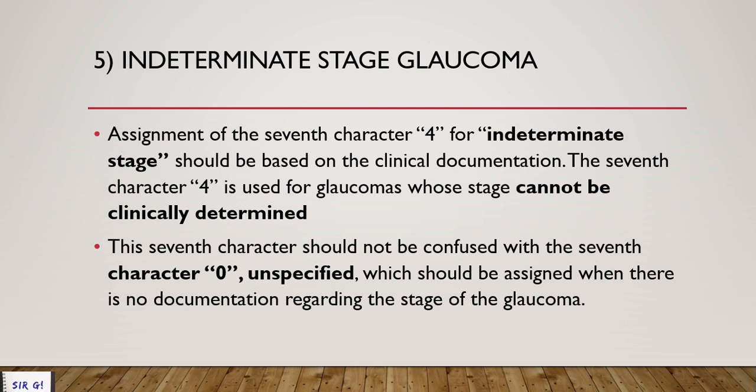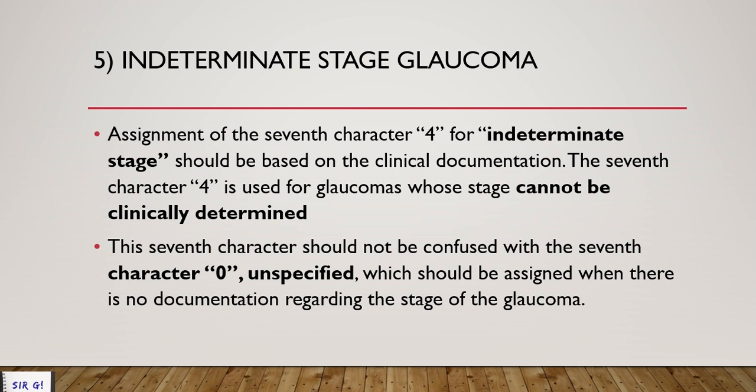You can only use indeterminate stage if it cannot be clinically determined. There must be documentation from the provider that it is clinically undetermined before you can use your indeterminate stage, which is your 7th character 4. Next, the 7th character 4 should not be confused with 7th character 0, unspecified, which should be assigned when there's no documentation regarding the stage of glaucoma.